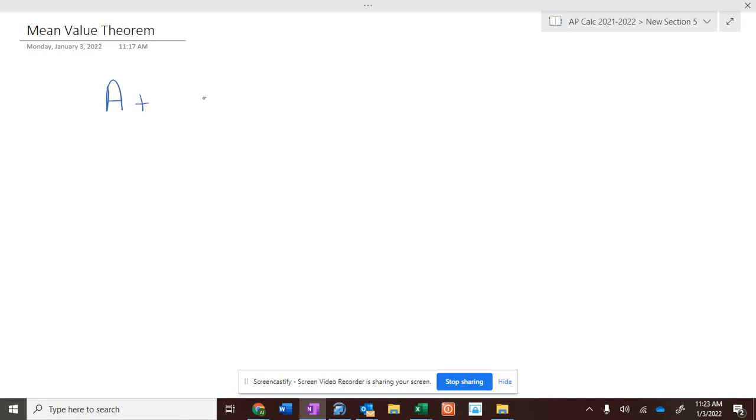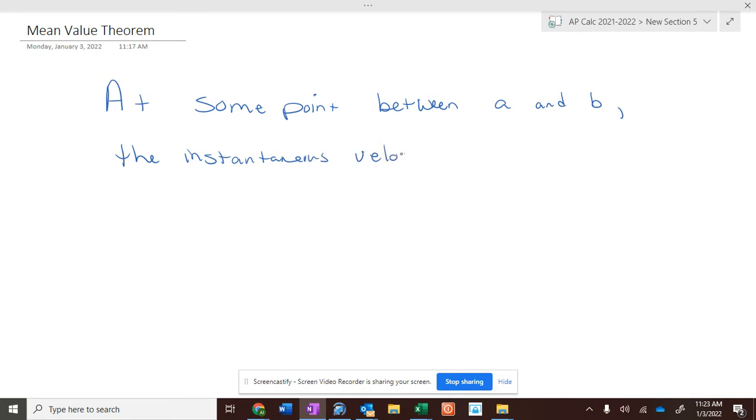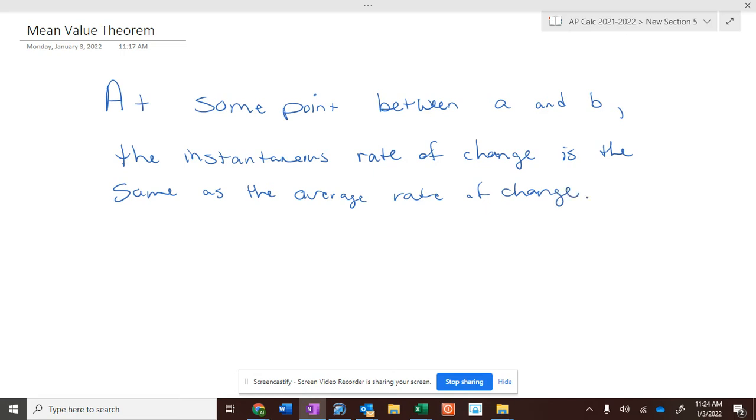At some point between A and B, the instantaneous velocity or instantaneous rate of change, and it could be velocity, but it doesn't have to be a velocity, the instantaneous rate of change is the same as the average rate of change. That's the mean value theorem.